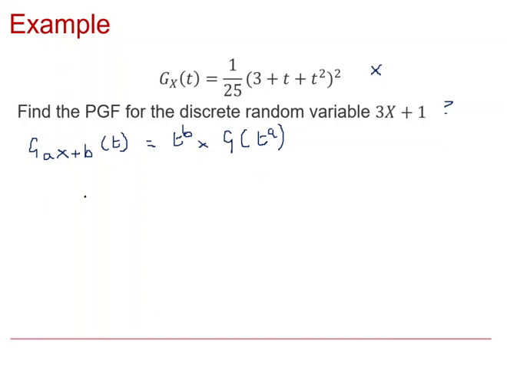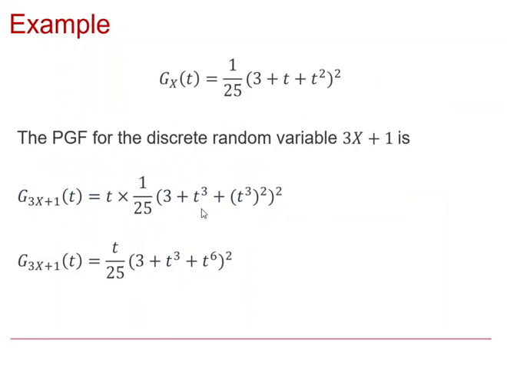Using that with this example, 3x plus 1, it would be t to the 1 multiplied by our original generating function, but with t cubed substituted in for t. This is written out here for you, so you can see that we originally had t, we've now got t cubed.